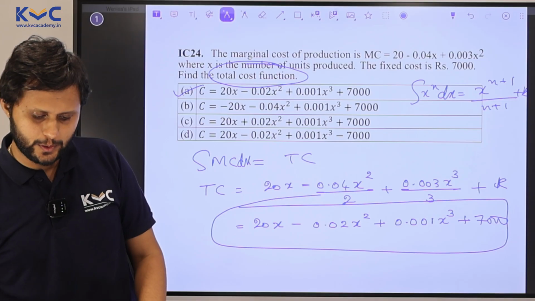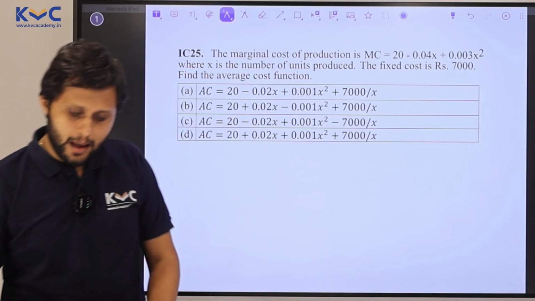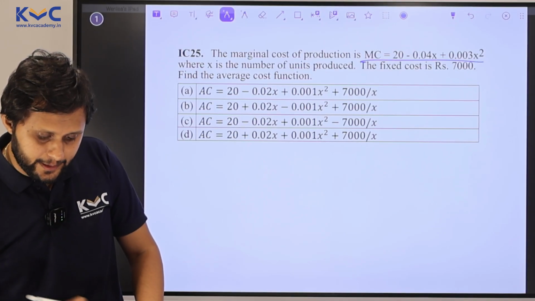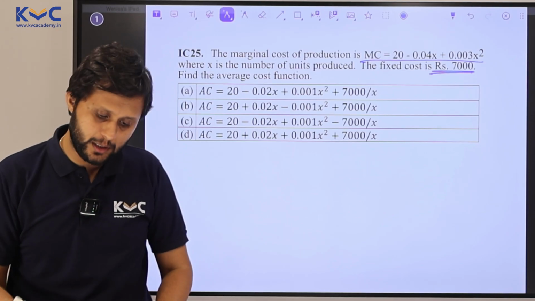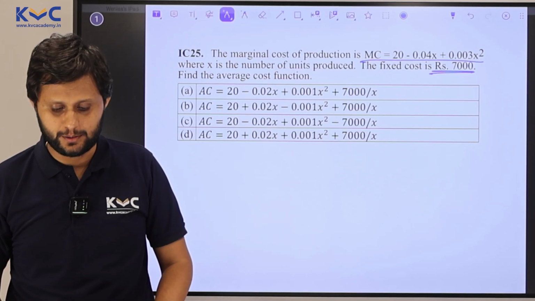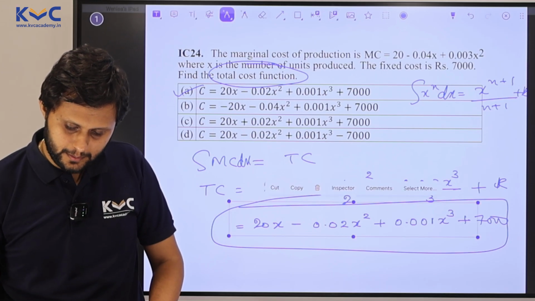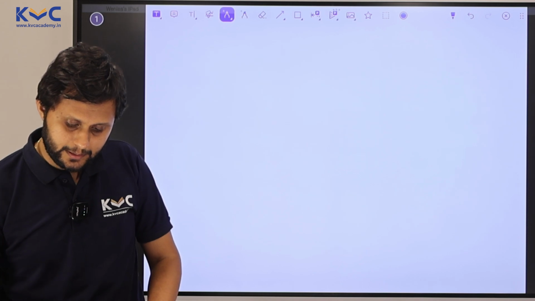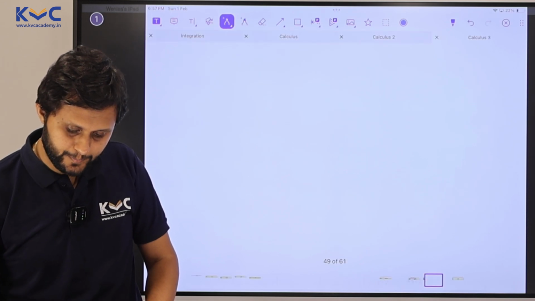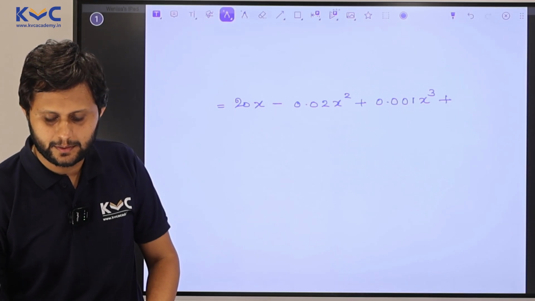We'll move on to the next one, question number 25. Marginal cost is given again. Fixed cost is there. So basically the same question. We need the average cost function. So I'll pick this answer from the previous question only. I'll copy it. This is the cost function, no? Yes, after this we had plus 7,000.